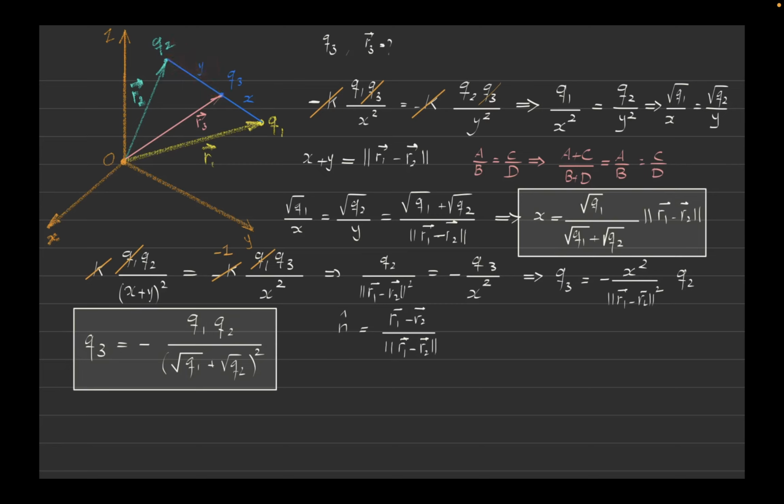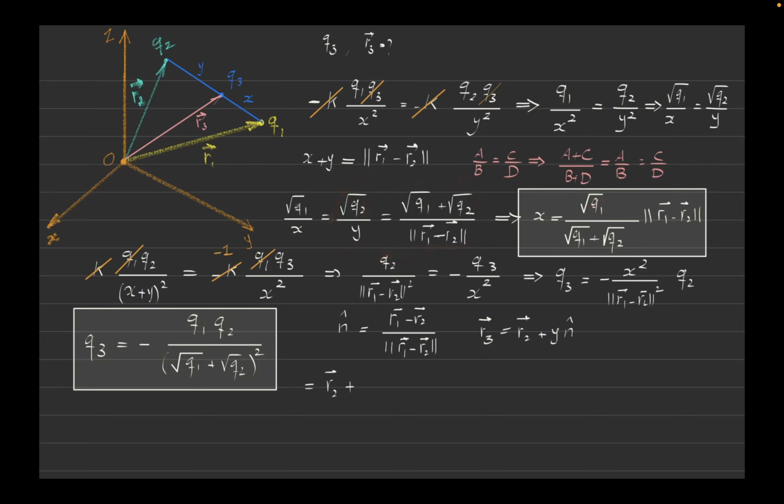So the vector r3 is simply the vector r2 plus y times n hat. And if I calculate this, I am done. But how should I calculate this? Very simple. Instead of r2, I just put r2. Instead of y, this is x, I have to calculate y. But from this equation, you can find y. The only difference is, instead of having q1 here, you will have q2.